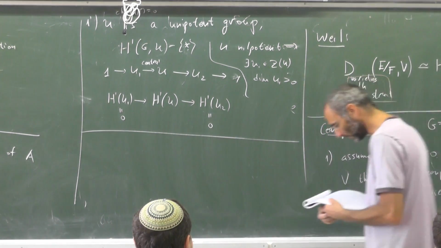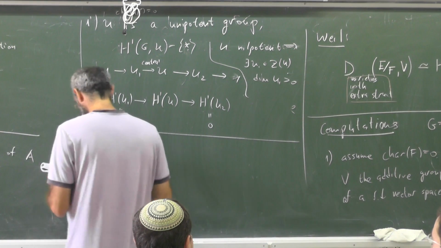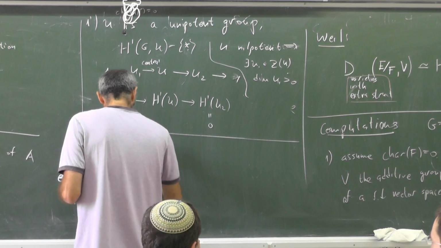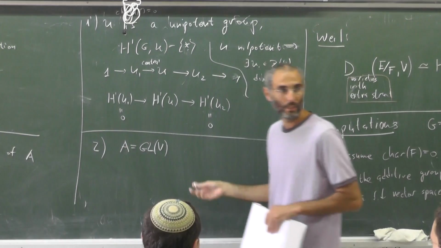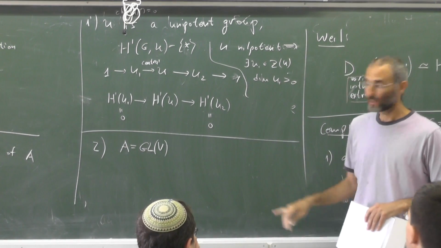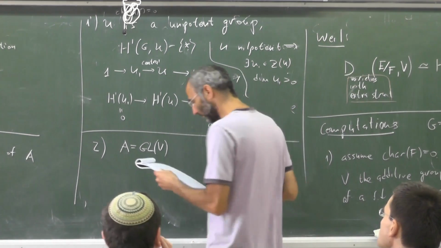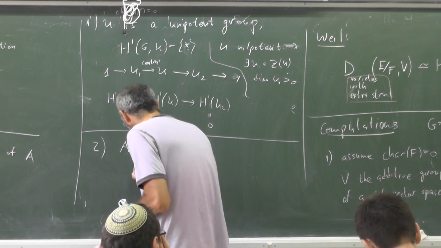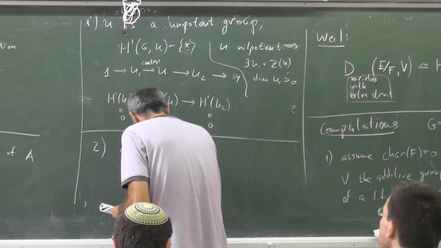Take now example 2. Take A to be GL_V, where V is a vector space. A will be that algebraic group. And now take a look at H^1(G, A).